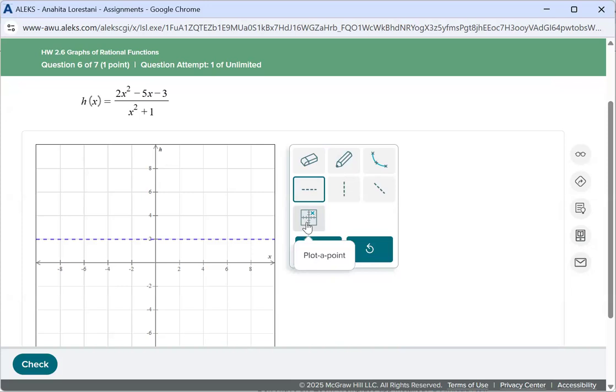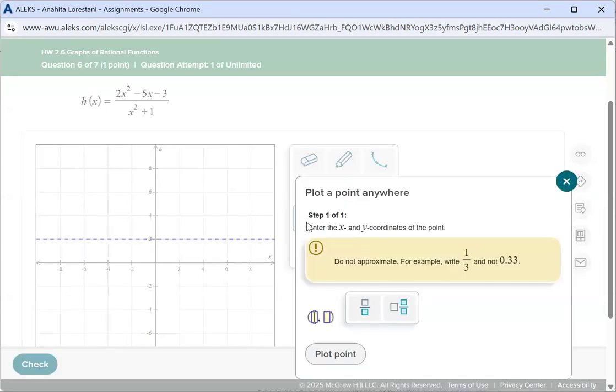So let's plug them in. If I plug in -4 for x, -4 squared is 16. 16 plus 1 gives me 17 denominator. If I pick -4 on the top, I get 16 times 2 is 32.